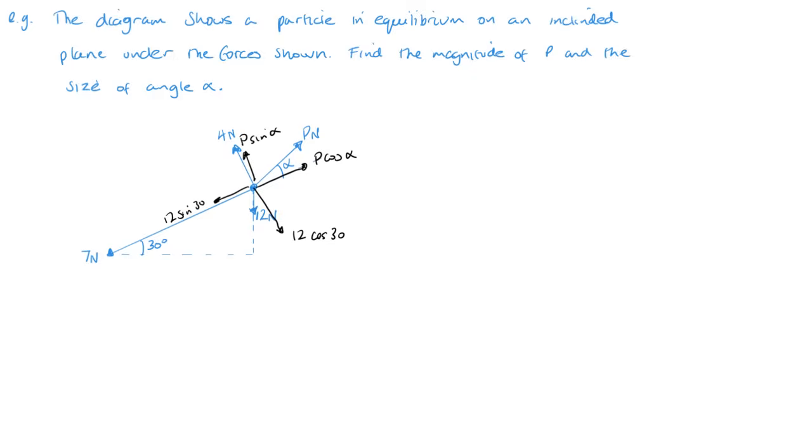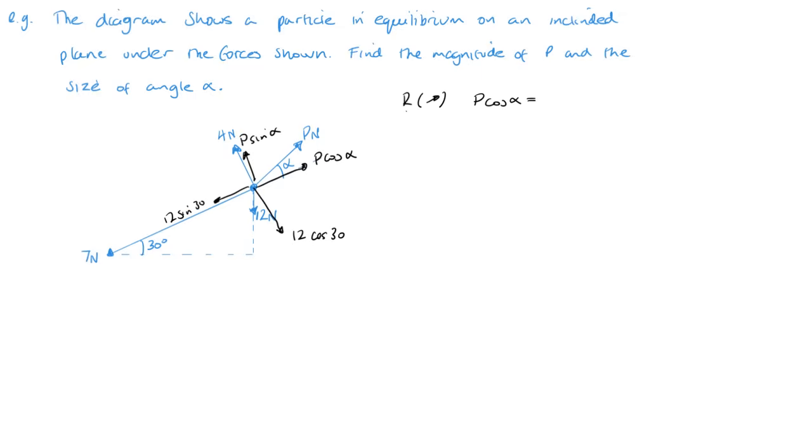Now what I need to do is resolve parallel and perpendicular. So let's do parallel first of all. Going up the slope, I've got P cos alpha.